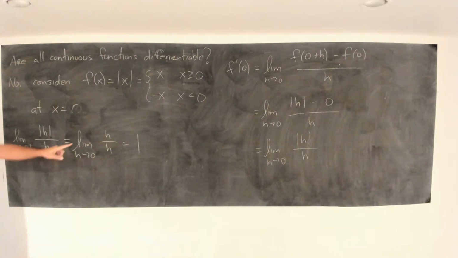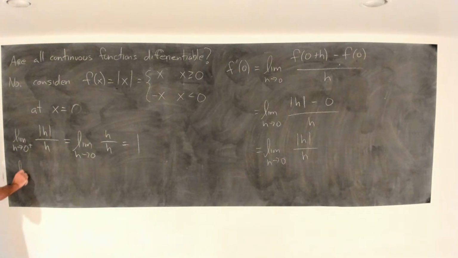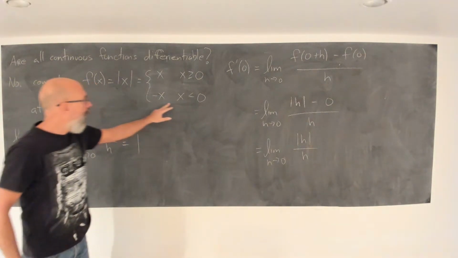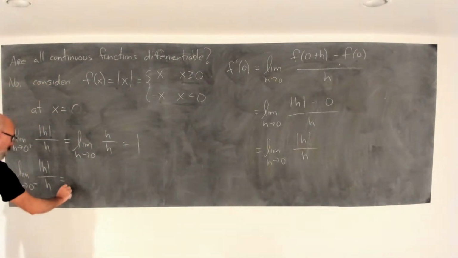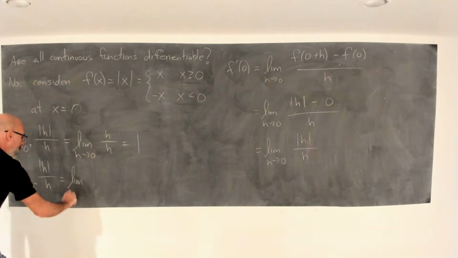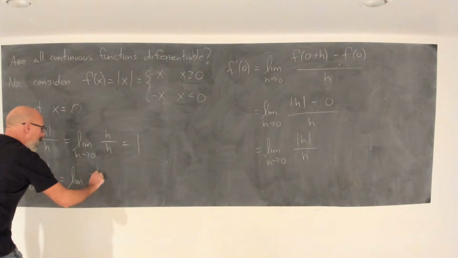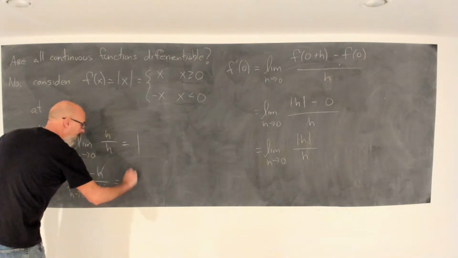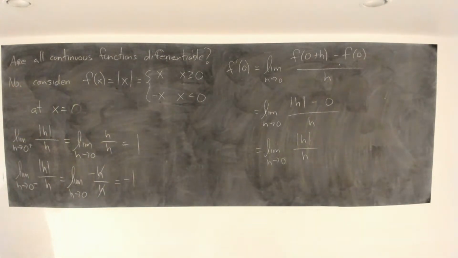So limit from the right is 1, limit from the left. For values less than 0, absolute value of h is negative h. And in that case, we get a limit of negative 1.